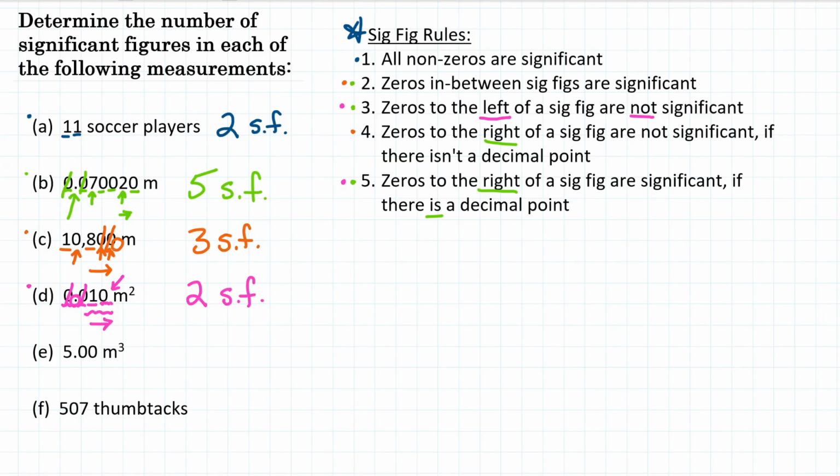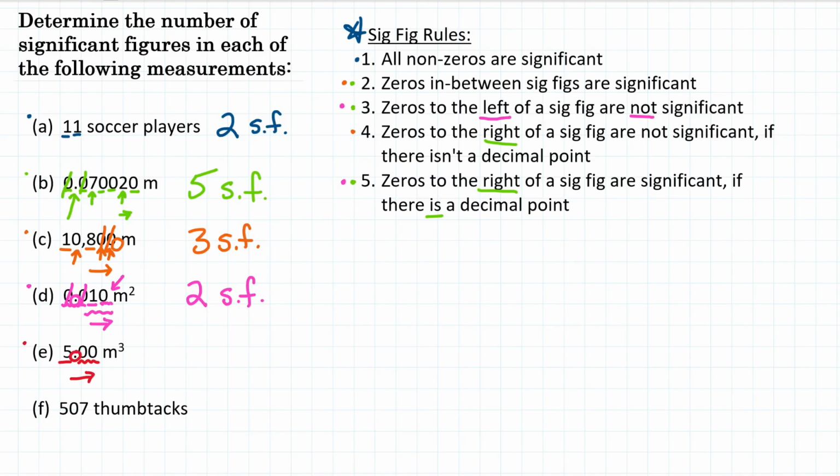Okay, now we are on to E, 5.00 meters cubed. The 5 is significant, so we just have the 2 zeros. They are again to the right of a significant figure. So we look at rules 4 or 5. Is there a decimal point? Yes, there is. It is right there.